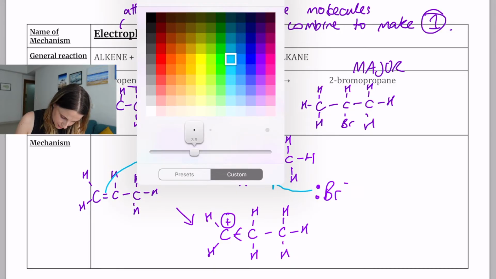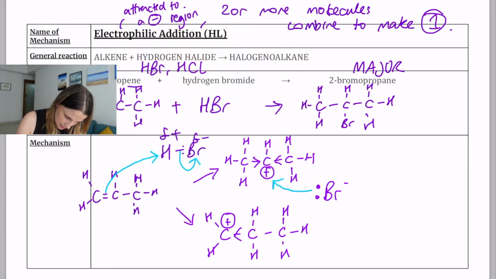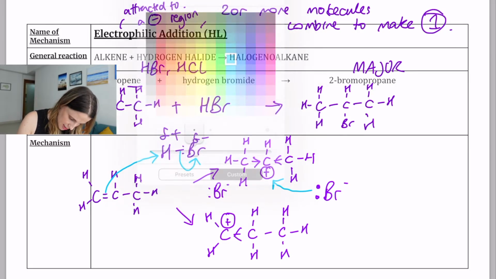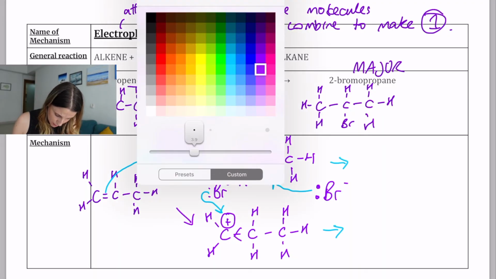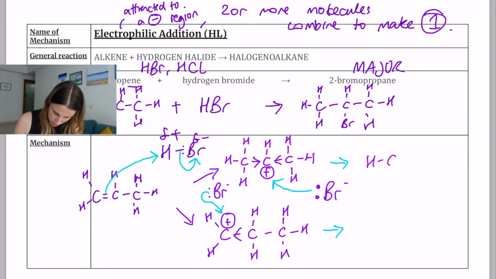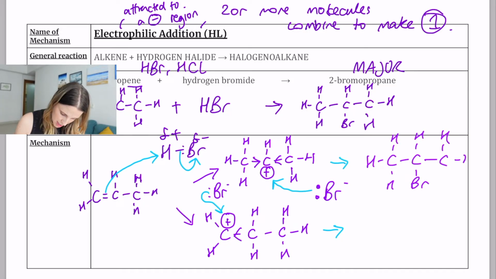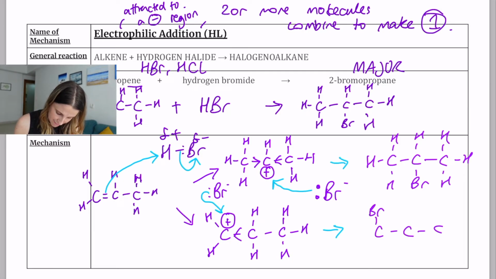So here, and then let's put another Br minus, and remember we're drawing the arrow from the lone pair to where the bond would form. So you can see that the overall options are that the bromine could have added to the middle carbon here, or it can add to that first carbon, like in this route.